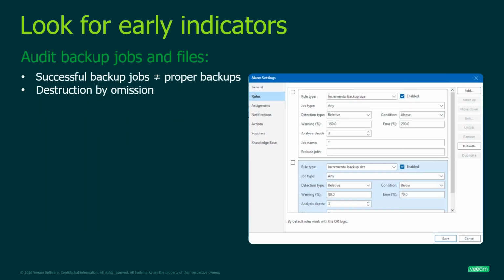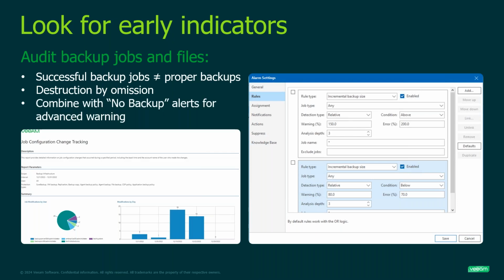And one important aspect of using Veeam One is not just looking at monitoring and analysis, but looking for signs and indicators of compromise, right? You want to audit any backup jobs, functions, operations, or files in the system.